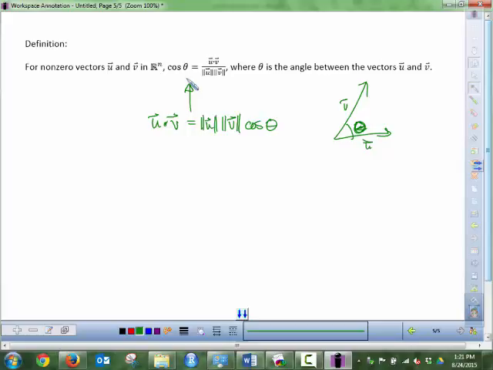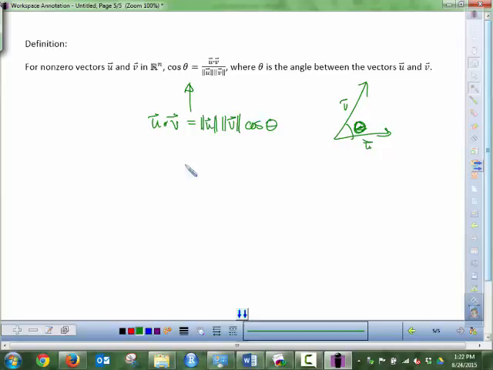What's cosine of 0? 1. So what's cosine of pi over 2? 0. Okay.